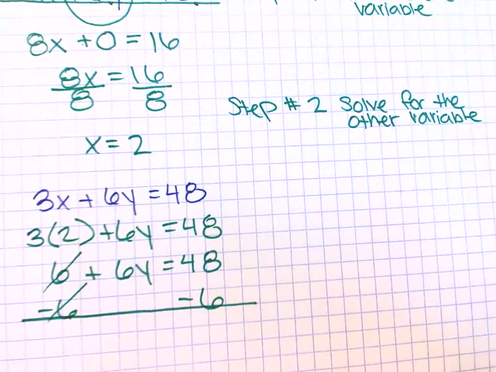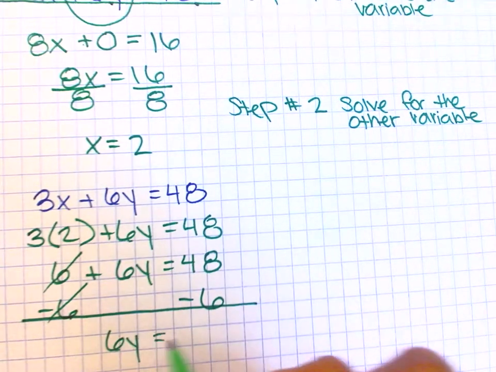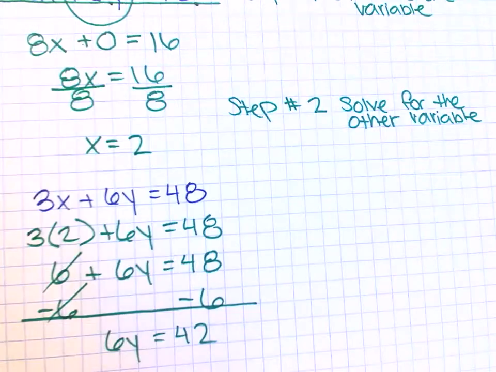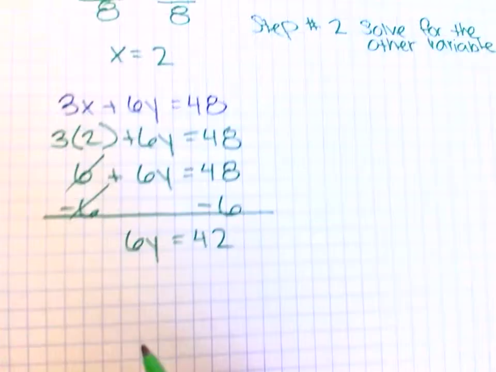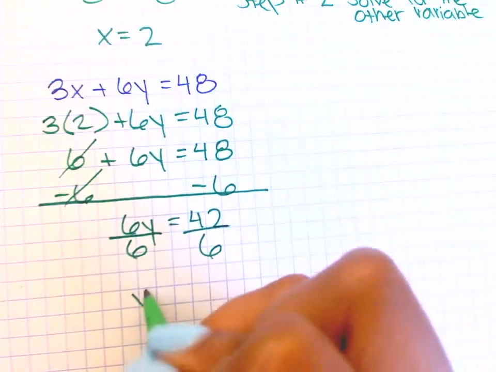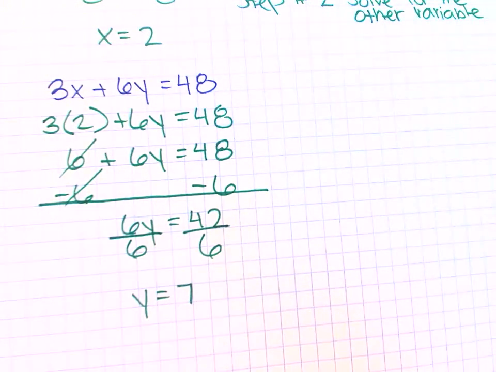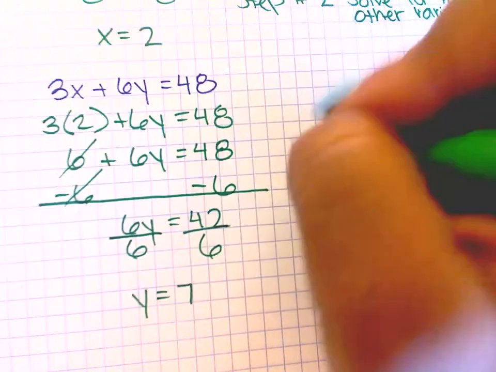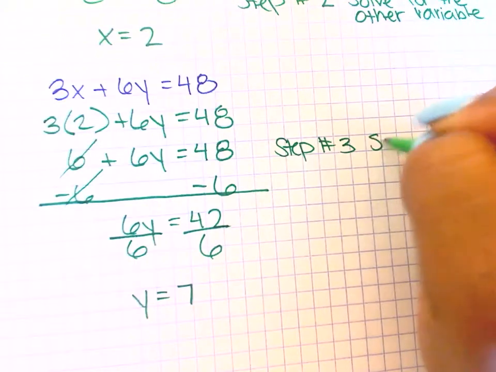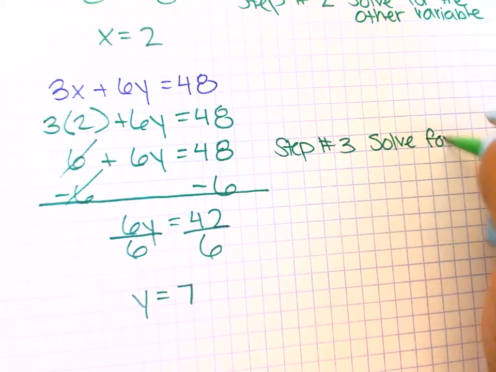My 6's cancel. I'm left with 6y equals 42. To get y by itself, I'm going to divide both sides by 6. And y equals 7. So I just did step number 3. I solved for the eliminated variable.